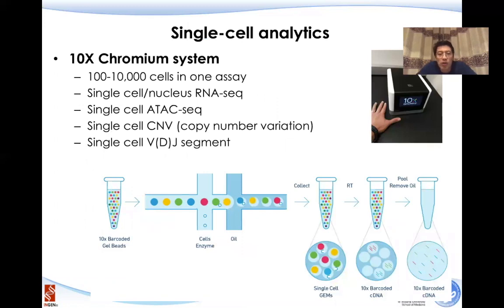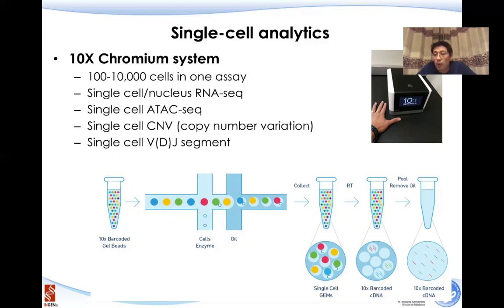In addition to the sequencing platforms, we also have single-cell technology, which is powered by the 10x Chromium systems. And this is a very interesting technology. We hope to have a couple of modules that specifically talk about the data, the experiment, and all the way in between. But to be short, this will give you single cell resolution of transcriptome profiling that, as you see, can sequence from 100 to 10,000 cells in one single assay.